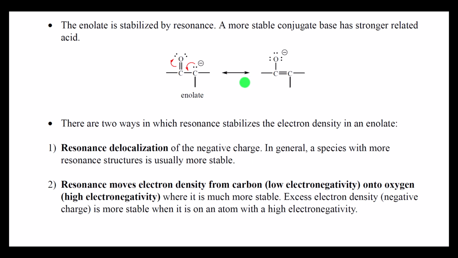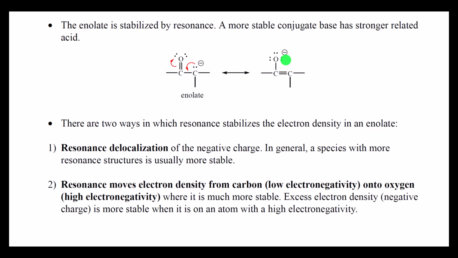Second, if we look at this additional resonance structure here, we can see that in this resonance structure, the negative charge is on an oxygen as opposed to being on a carbon. Oxygen is a much more electronegative atom.